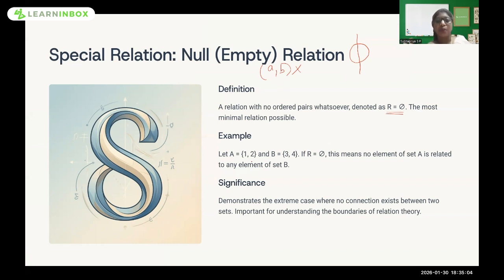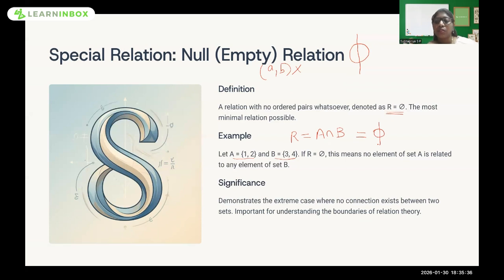See, for example, over here, A equal to {1, 2}, B equal to {3, 4}. Here R is empty. That means no element of A is related to an element of B. They could have asked what is A intersection B. See, there is no element which is common in A and B. Therefore, it will become an empty set.